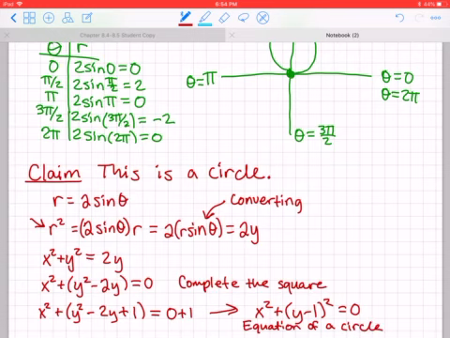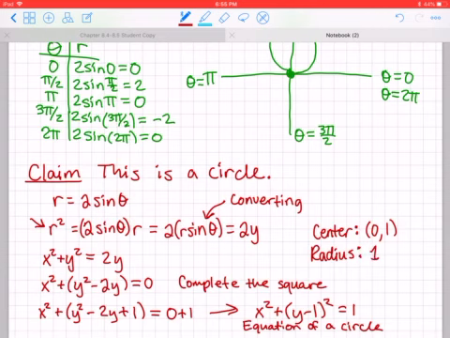And actually, you can say something about that. The center, I have that it equals 0. Really, it's equal to 1. Sorry about that. So our center is (0, 1), and our radius is 1.